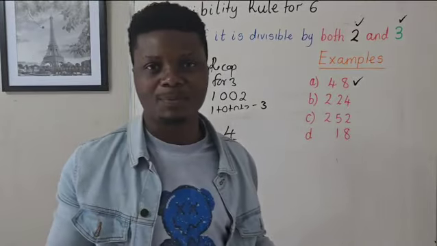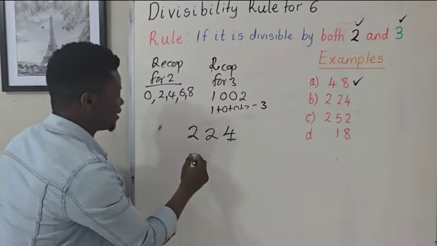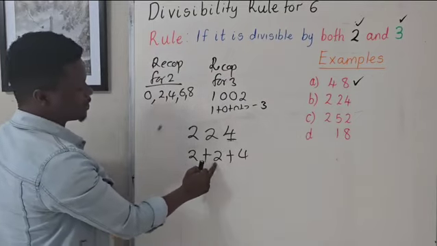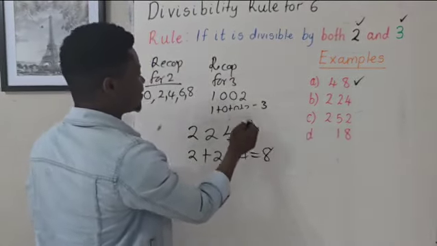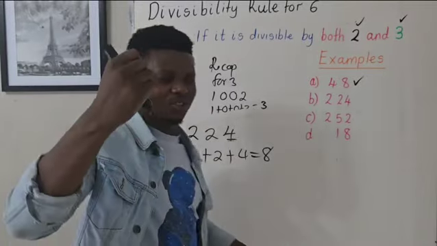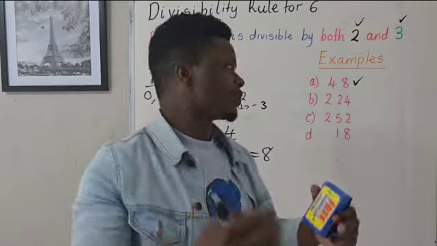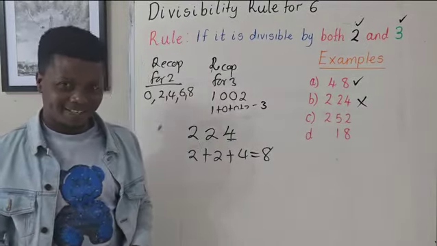You add the individual digits: 2 plus 2 plus 4. 2 plus 2 is 4, and 4 plus 2 is 8. Is 8 a multiple of 3? 3, 6, 9. There is no 8 in the 3 times table, so this number is not divisible by 6.